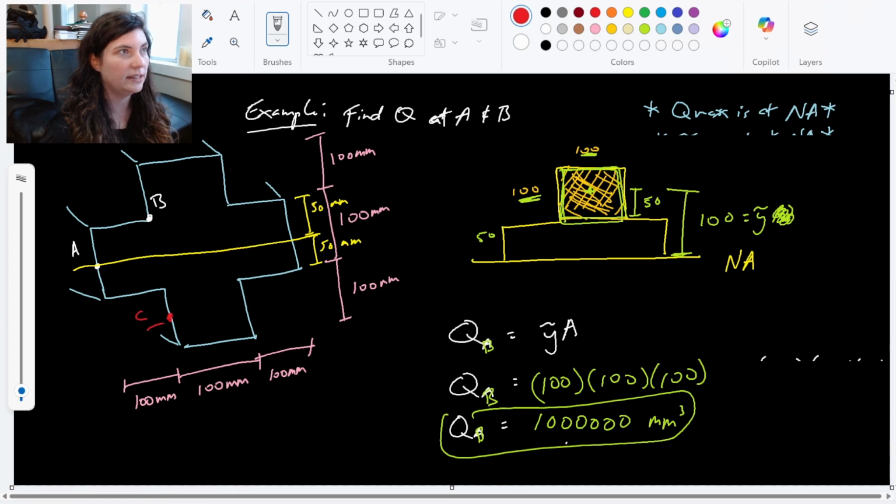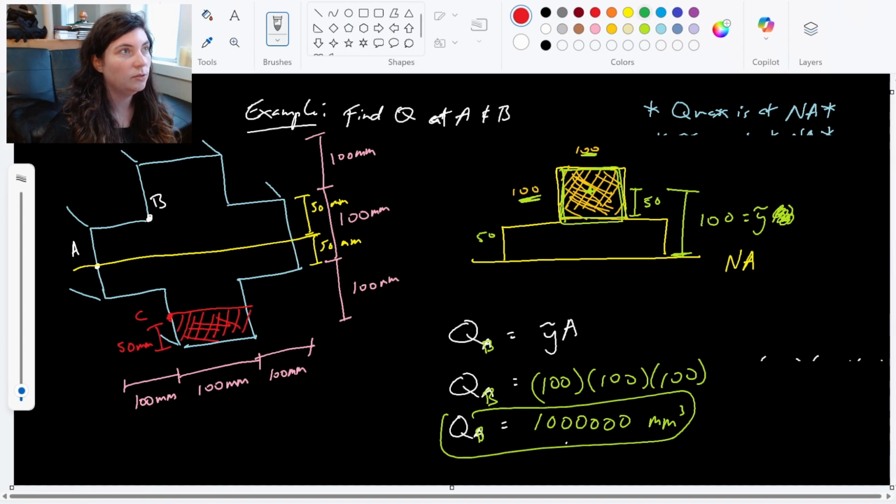Point C, and it's 50 millimeters from the bottom. And I wanted to find the Q value for that one. Well, the area that I'm interested in is the area away from the neutral axis. So this would be the area I'm interested in looking at.